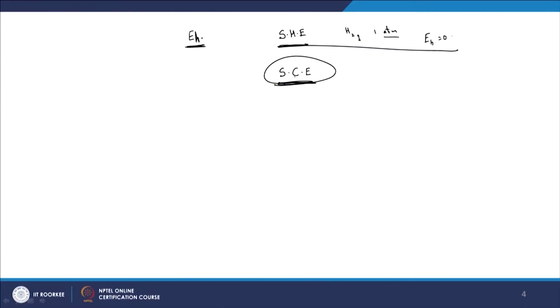Within the pH meter you have your standard calomel electrode, and the other electrode would be in your solution, with a semi-permeable membrane where H plus would tend to be adsorbed onto the surface of the membrane. Then you measure the potential difference between the standard calomel electrode and the half reaction at the other platinum electrode.